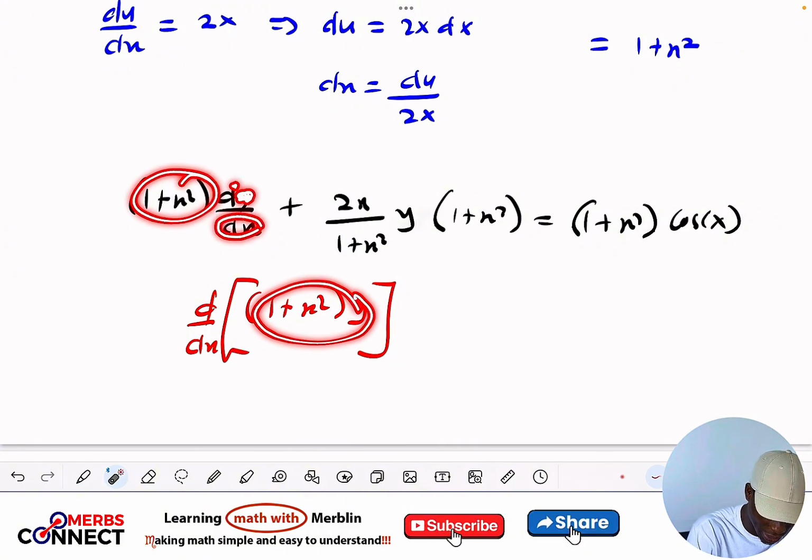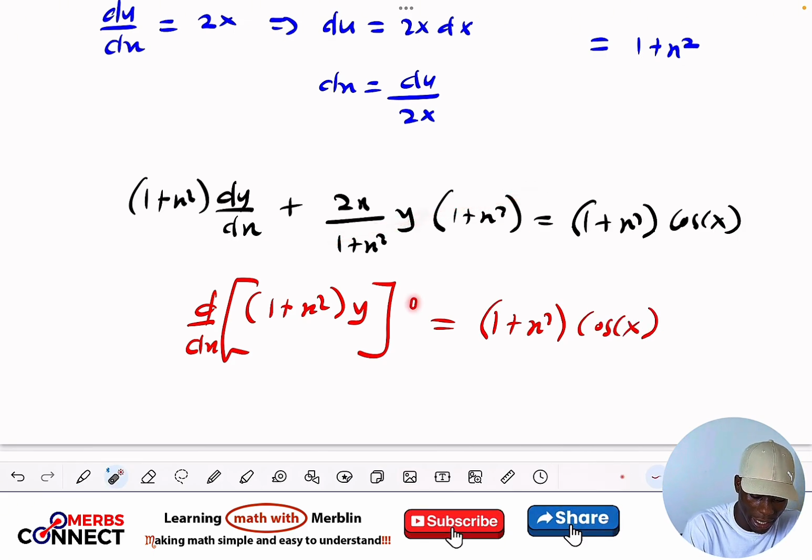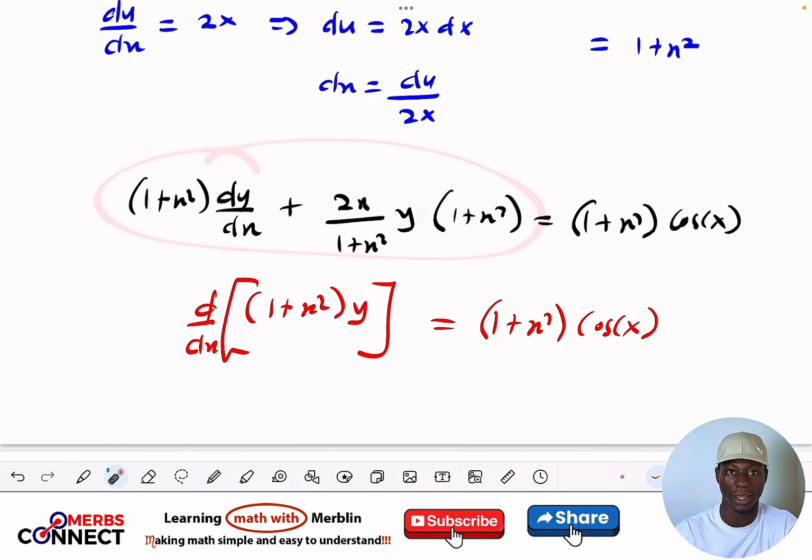Then dy over dx will be here, and this one will be equal to 1 plus x squared cos x. We just ignore this in the context that when I use the product rule here, I'm going to get everything here again.